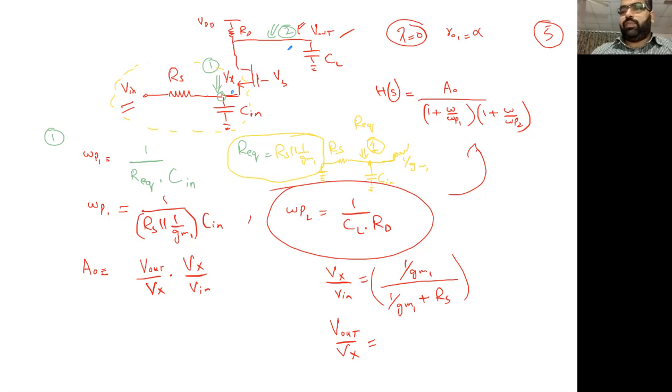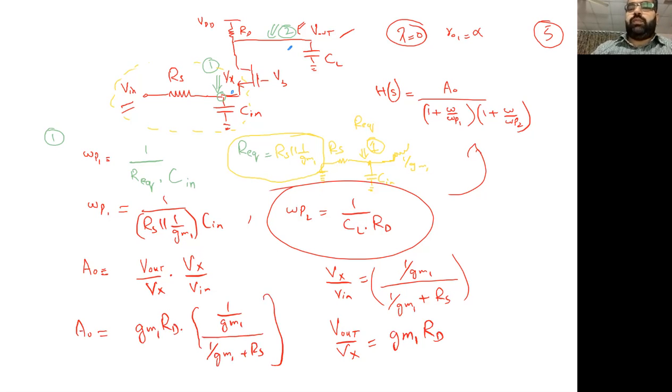We can write simply, and again, RO1 is infinite, GM1 times RD. So A naught here is GM1 RD times, I'm not opening up and doing that math, which you can easily do, 1 over GM1 plus RS.